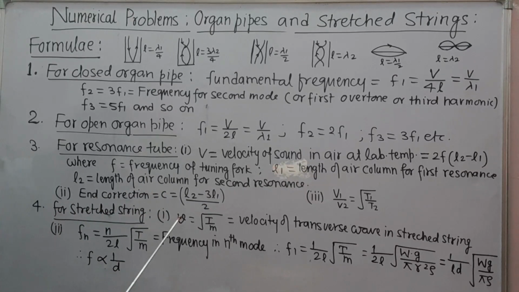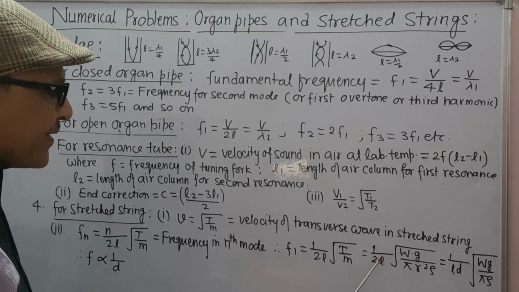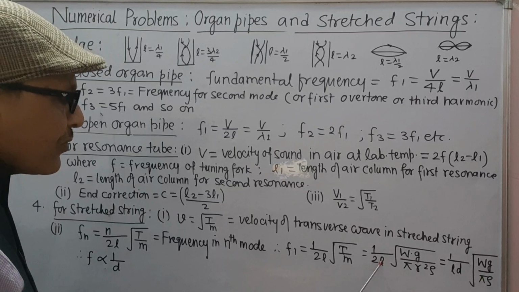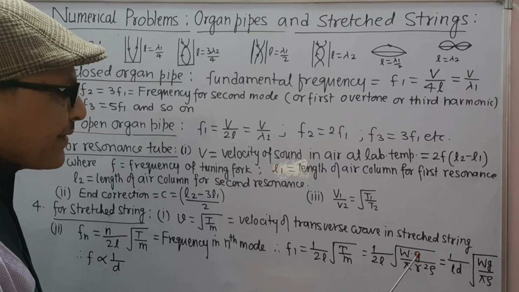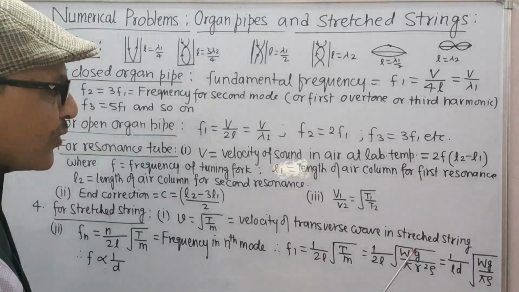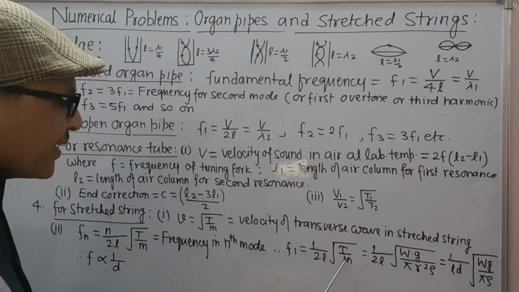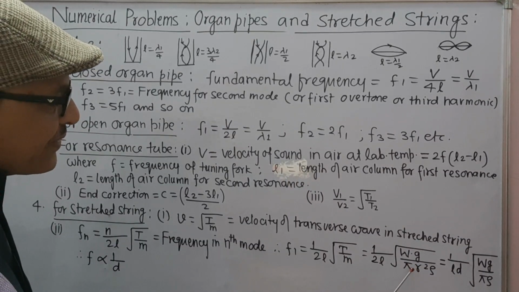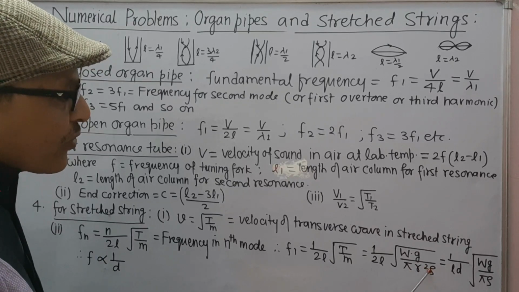For stretched string, velocity of transverse wave in the stretched string, v is equal to under root T by m. Fundamental frequency F1 is equal to 1 upon 2L under root T by m. T is equal to weight, that is W into g, and small m is mass per unit length, which is pi r square into rho.